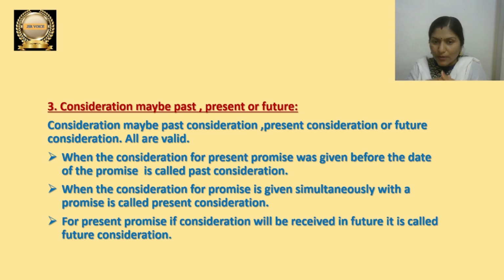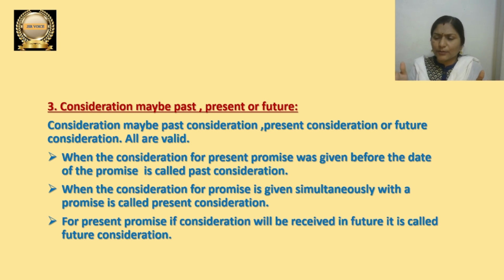Before the promise, any consideration is received, then that is known as past consideration. One person is promising to do something, but that was not done, before that only the consideration is received, then we can call that consideration a past consideration. Hope this is clear.